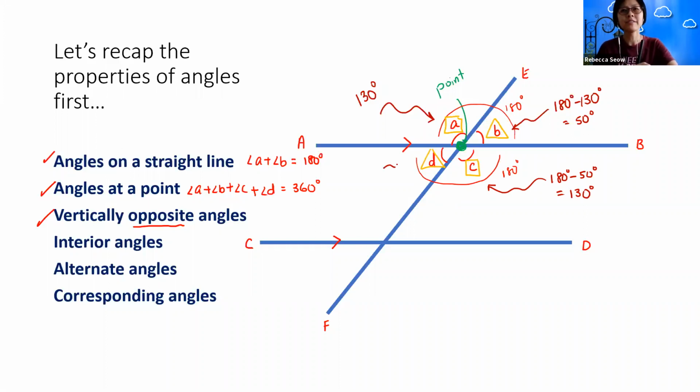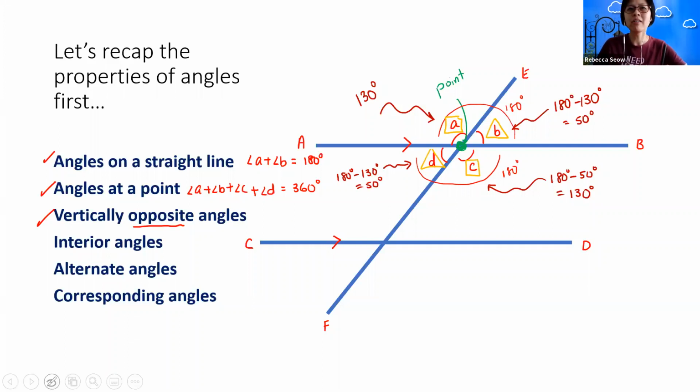Lastly, we could find the angle D by looking at angles on a straight line again. Below line AB, okay, you will see that it's made out of 130 degrees and angle D. So angle D is actually 180 degrees minus 130 degrees, which gives us 50 degrees.